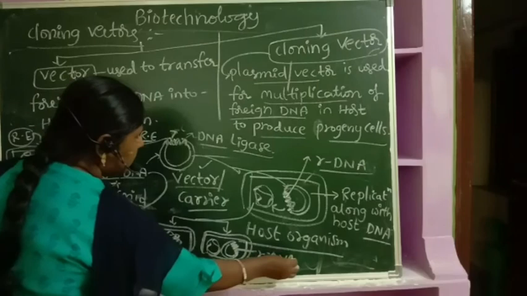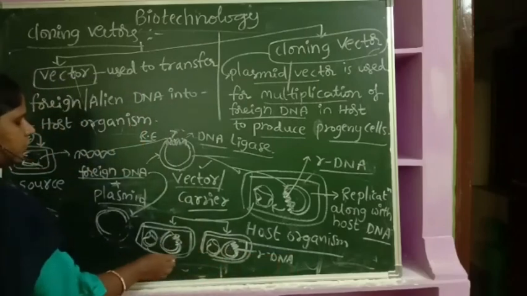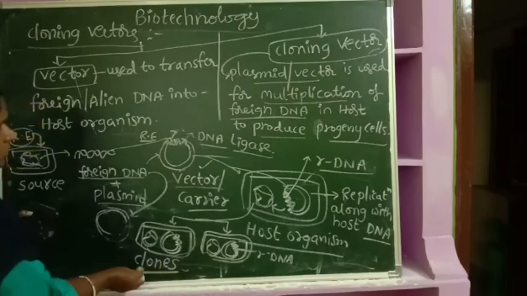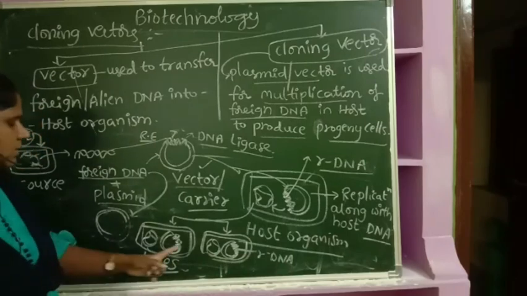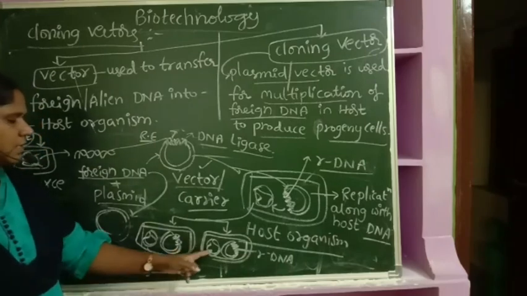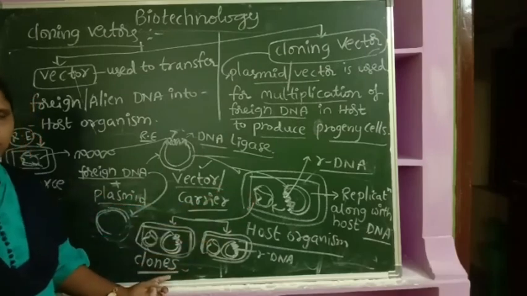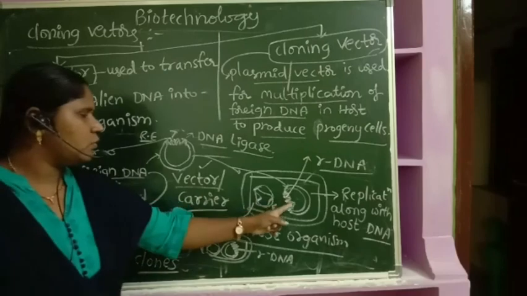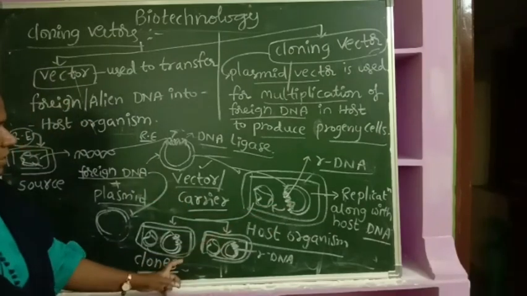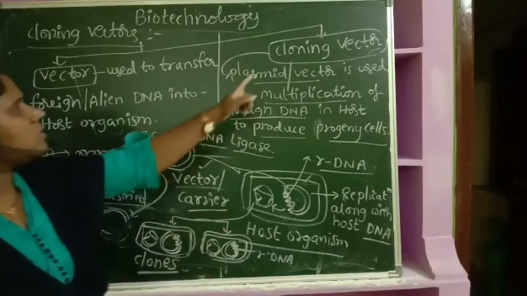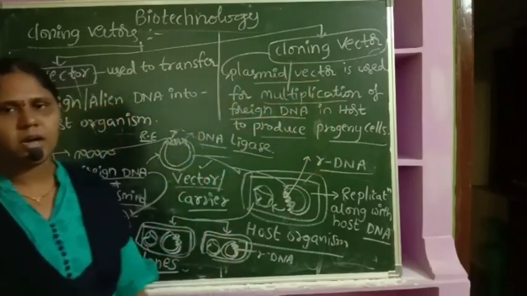That means here the vector is used for forming clones. Clones means what? Similar bacteria. These daughter cells, progeny cells, are exactly similar to the parental cell, so they are called clones. So the vector is used for the formation of clones in the progeny cells. That's why it's called a cloning vector.